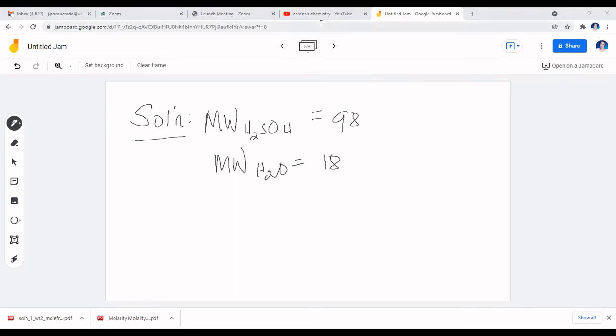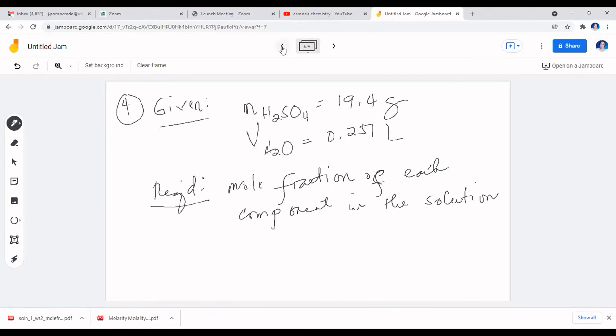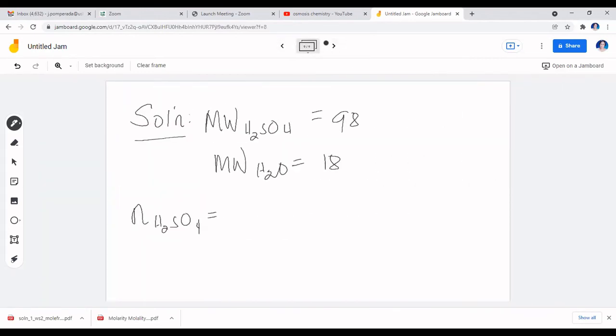Now I have this, then what's the next thing you do? Remember, you're after the mole fraction. Determine the number of moles of each component. So determine the number of moles, correct. So I will determine n of sulfuric acid. That would be the given mass, 19.4 grams.